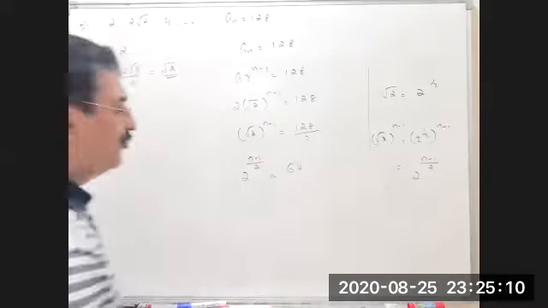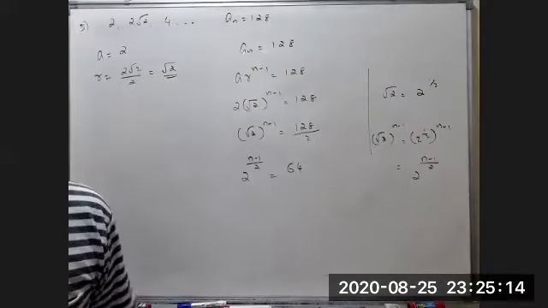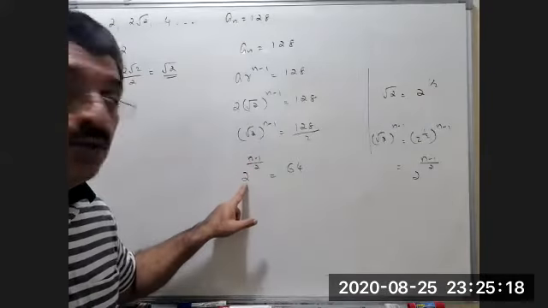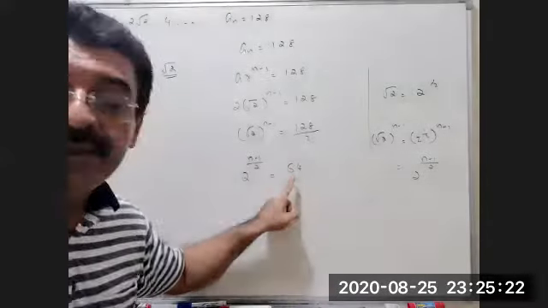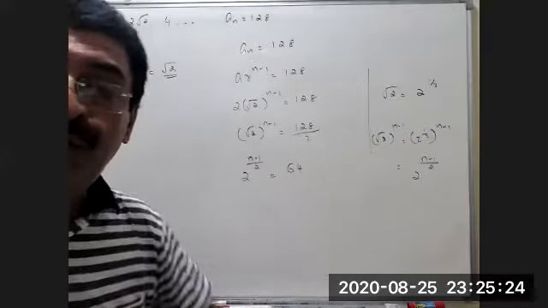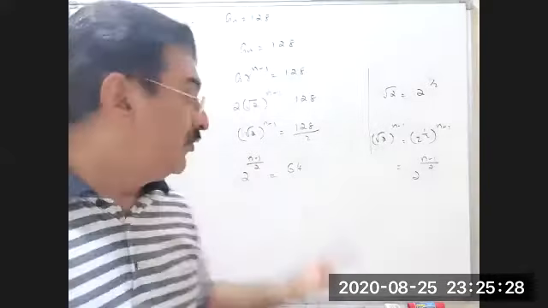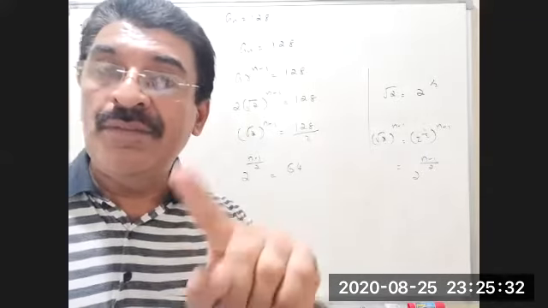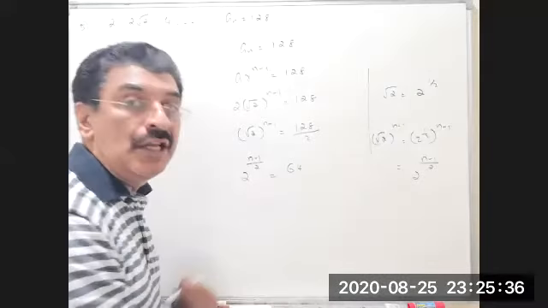This is 64. Our aim is to find this n, and this n is in the exponent with base 2. So we have to write 64 also as a number with base 2. 64 can be written as 8 square, but in 8 square the base is 8. We need the same base, then only we can equate it.